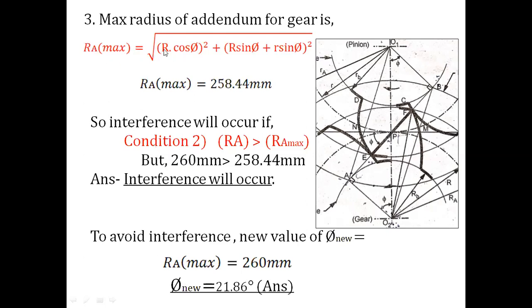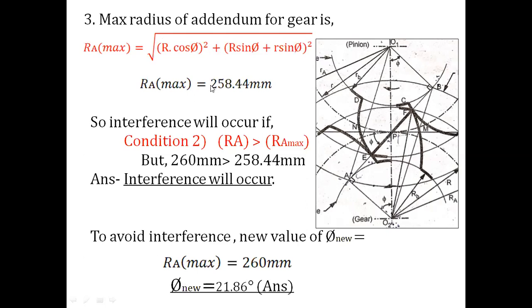All the values of capital R and small r we have, and only phi is to be found. One unknown is there in the equation. By squaring both sides, RA max 260 squared, the root will cancel, and with R cos phi, R sin phi and small r sin phi, only phi is one unknown.